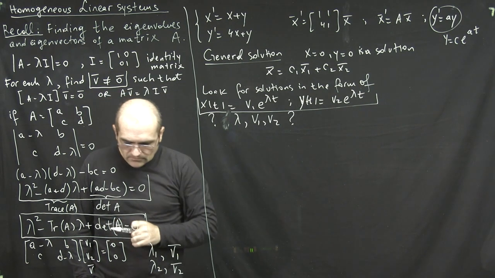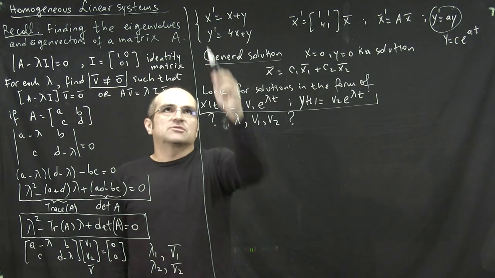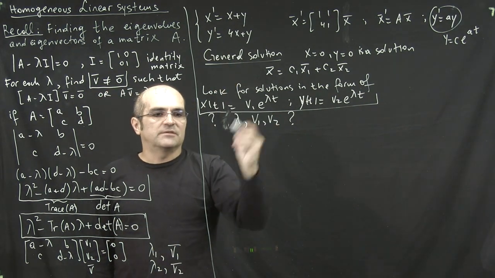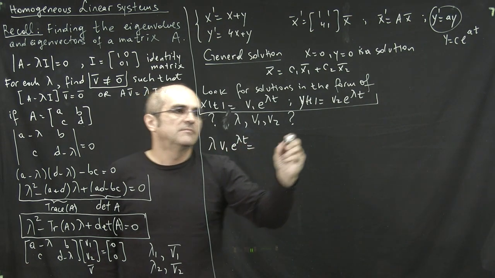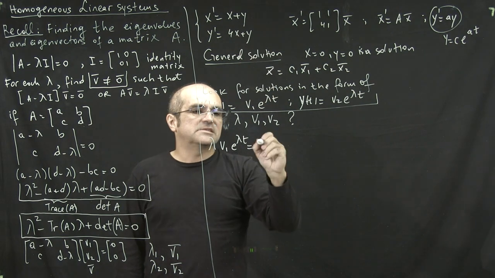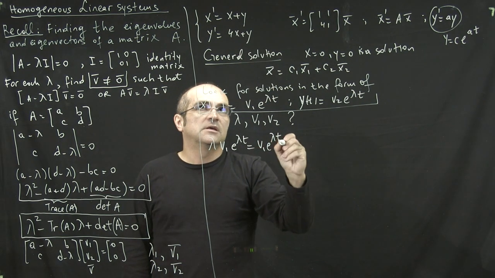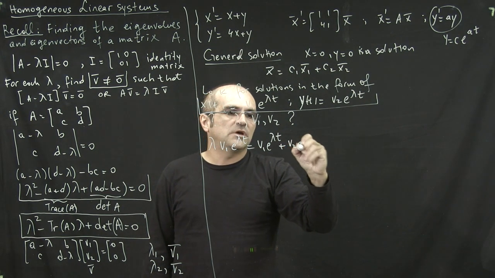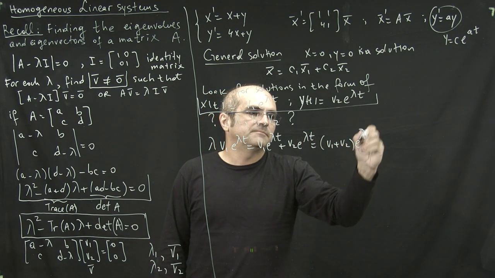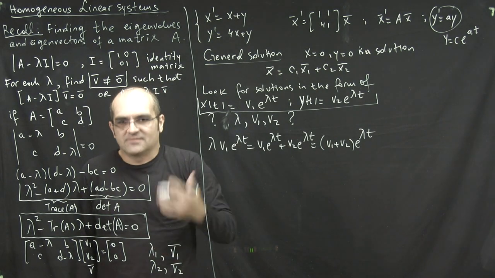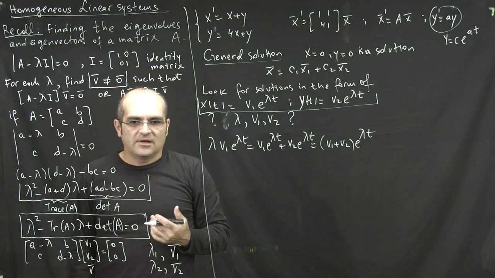and hope we get a method of finding these three quantities. So if I plug in x of t, on the left side I have to take the derivative, so that becomes lambda v1 e to the lambda t. On the right side, x is v1 e to the lambda t plus y, v2 e to the lambda t, and I can pull out e to the lambda t. Again, remember the reason why we chose these lambdas to be the same.